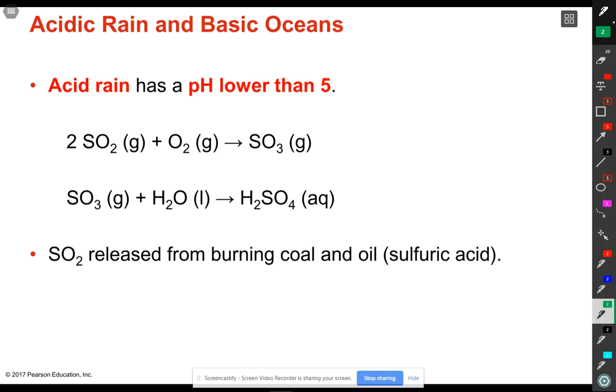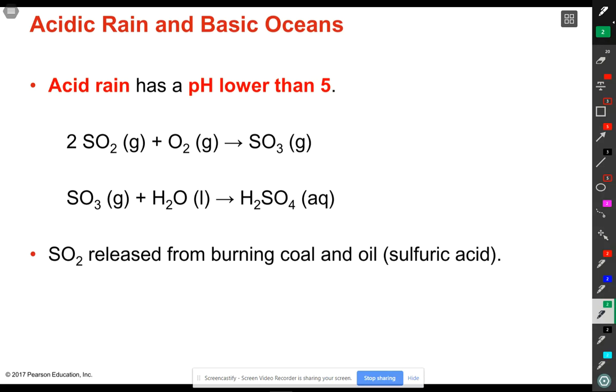And then that SO2, when it combines with oxygen, produces SO3, and the SO3, when it combines with liquid water, produces H2SO4 in the water, which we call sulfuric acid. And so when they had acid rain, they had sulfuric acid raining down.